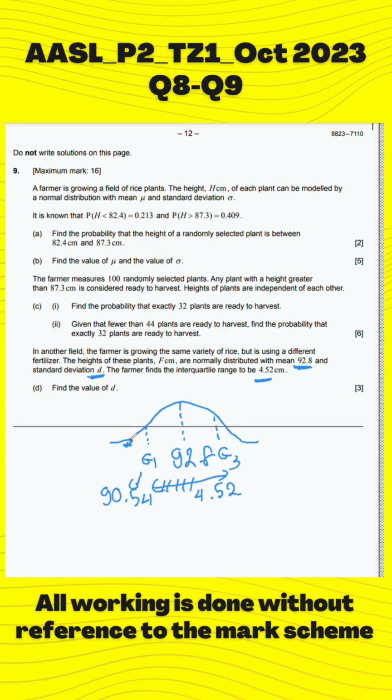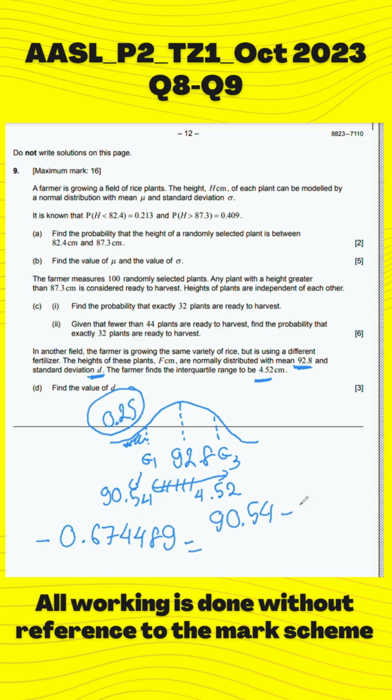Because it is Q1, this area is 0.25. And I will use inverse norm of 0.25 left tail to find the z-score. So the value of the z-score will be negative 0.67448 equal to 90.54 minus the mean, which is 92.8, divided by the standard deviation. So the standard deviation will be nearly 3.35. And we are done.